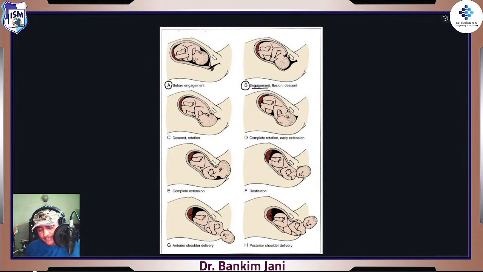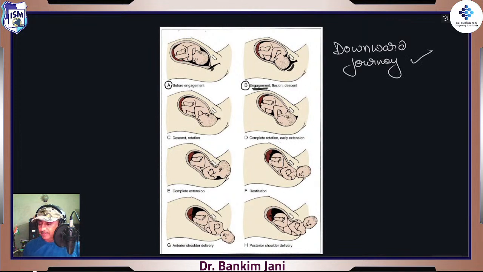This is where we would call engagement. Engagement was when the widest part of the baby is now going towards station 0, and the descent has started. See this, the cervix has opened. Now the head is pushing, the passenger is pushing the passage, and from above there is uterine power. So here it is now the downward journey of the passenger. Okay. The third one.